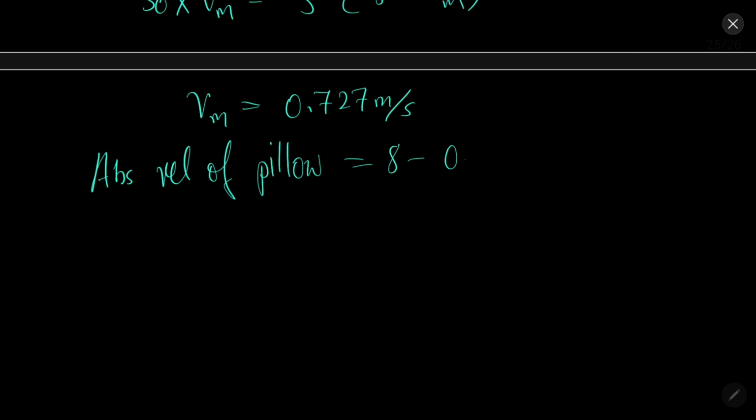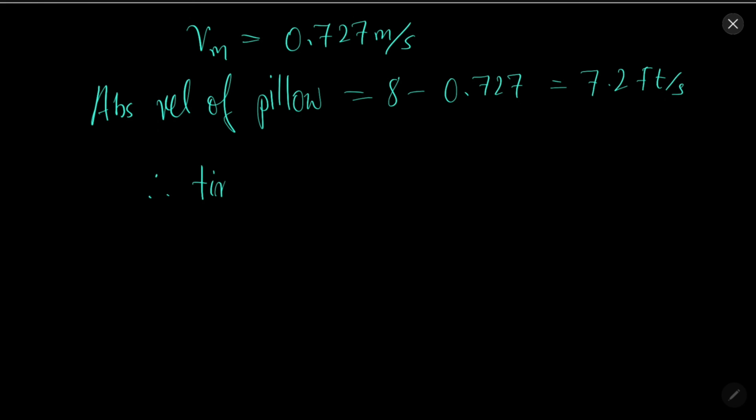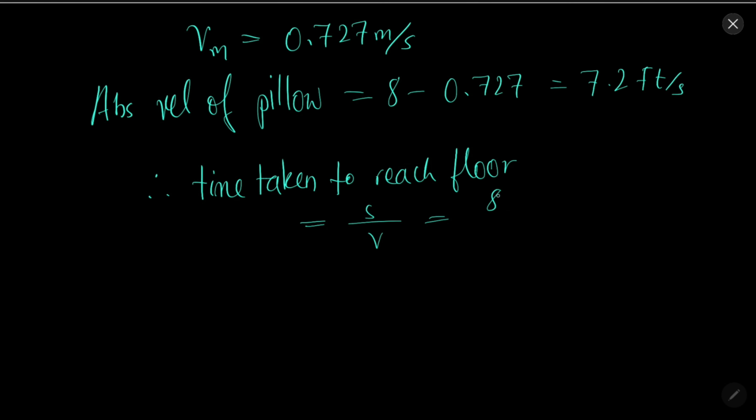So the absolute velocity of the pillow will be 8 minus 0.727, or 7.2 meters per second, and therefore the time taken to reach the floor will be equal to S over V, that is 8 over 7.2, that is 1.1 seconds.